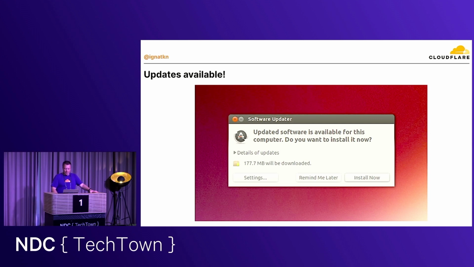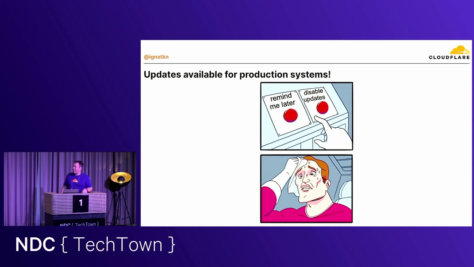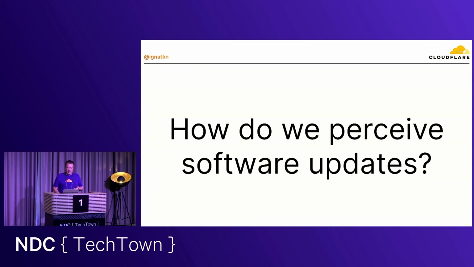Yeah, so in production, updates are not great, right? It's either when we see updates, we defer them or just try to completely forget about them. And this is natural because it connects to how we perceive software updates, especially in production systems.